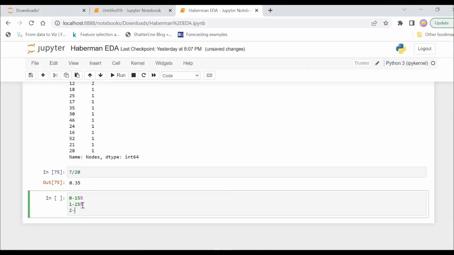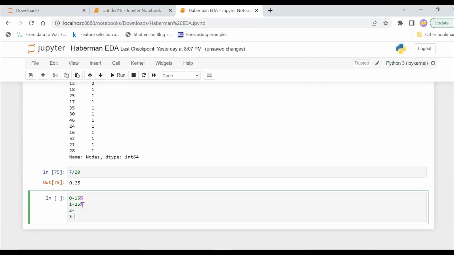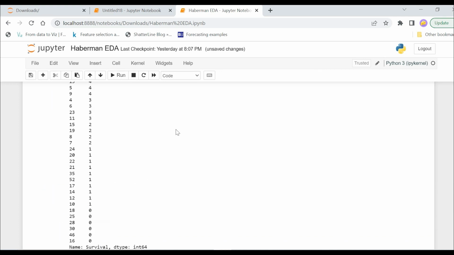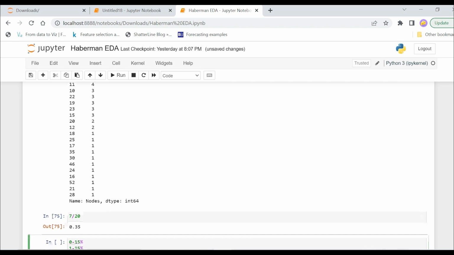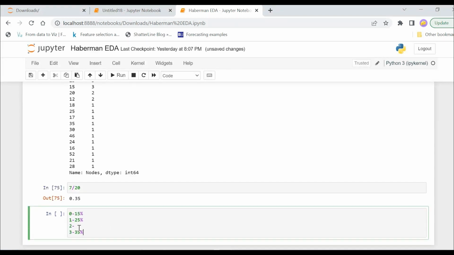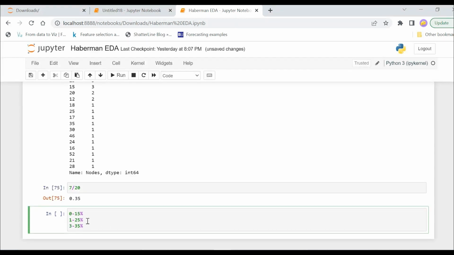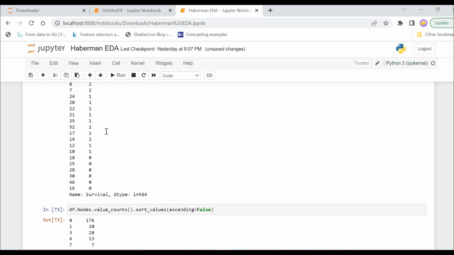So for 3 you have a 35% chance that you will survive lesser than 5 years. For value 2, you don't have 2 anywhere, but okay. When there is no value as 2, you can surely say that it will be incrementing.